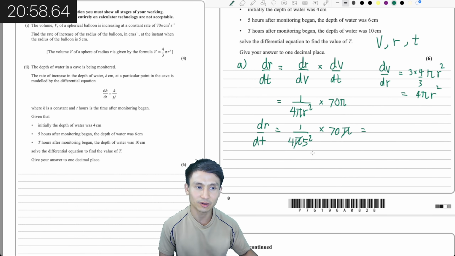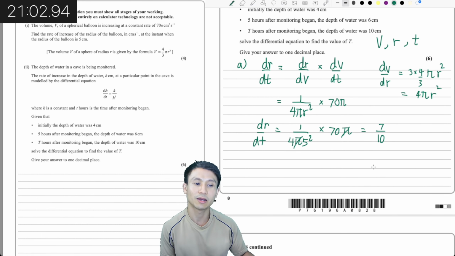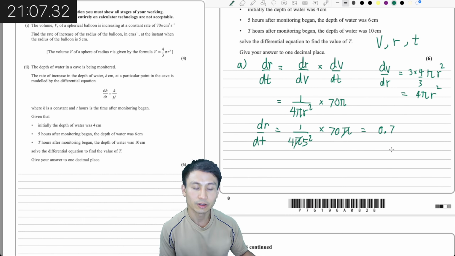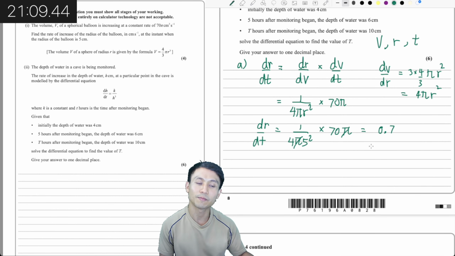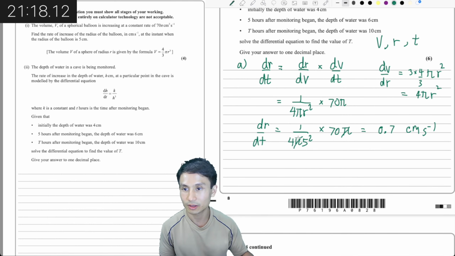I shouldn't have done that. Okay. So that's just 7 over 10, or 0.7. Yeah, I think I'm happy with that. Just making sure. 0.7, this is the rate of change of radius, so that's cm per second. Yeah, that's done for A.